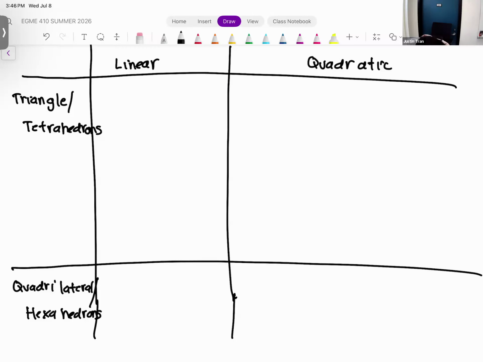On the positive side, probably the biggest positive to using a triangle or tetrahedron is that simplex property, which again means that it can mesh almost any geometry pretty reliably.